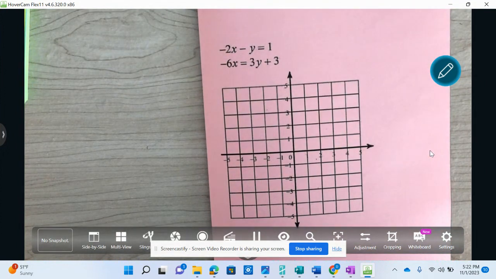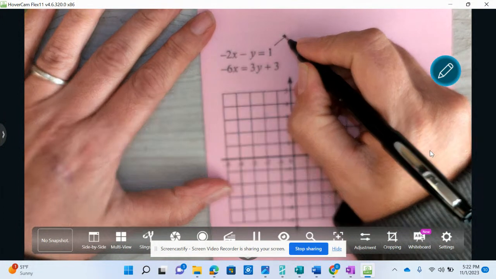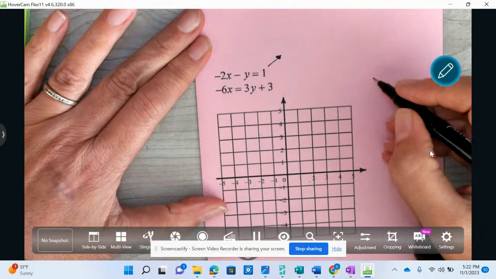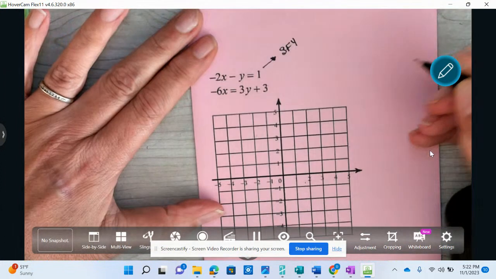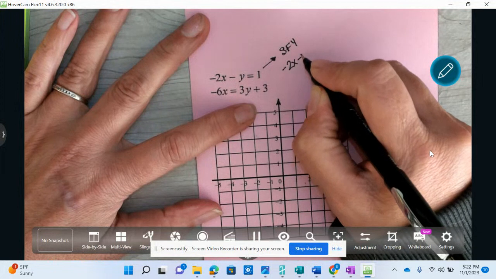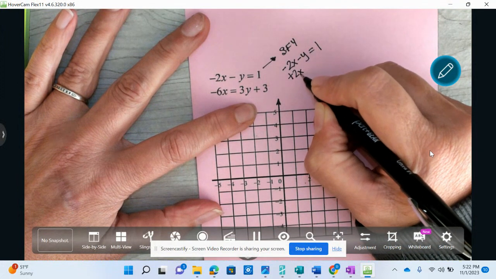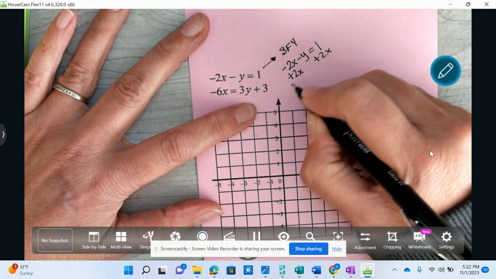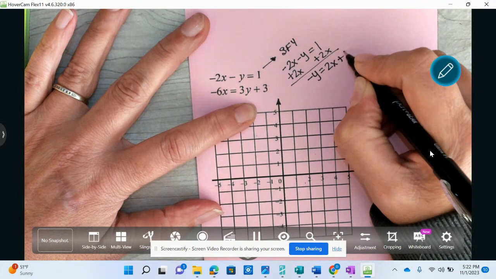So for this first equation, I am going to solve for y. So I have negative 2x minus y equals 1. I'm going to add 2x to both sides. Negative y equals 2x plus 1.